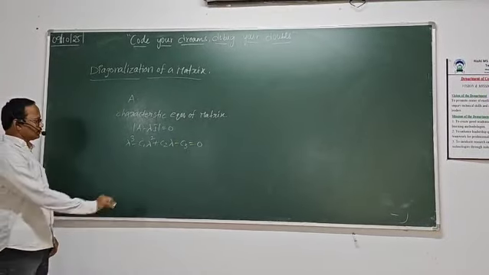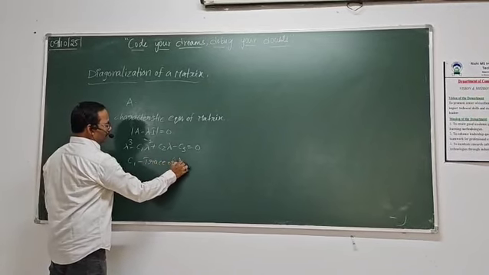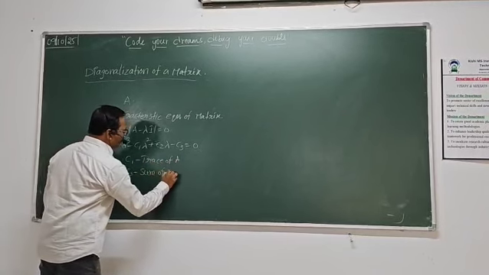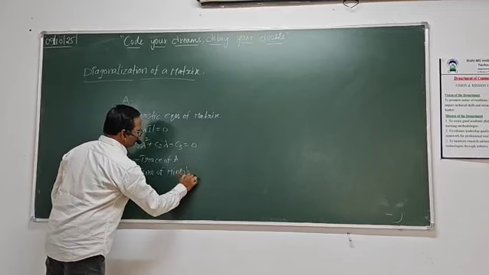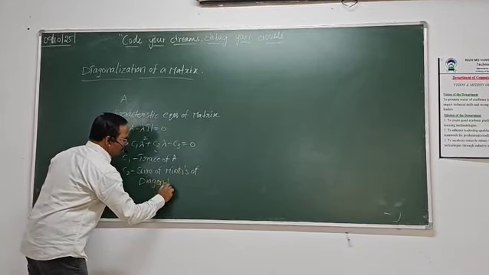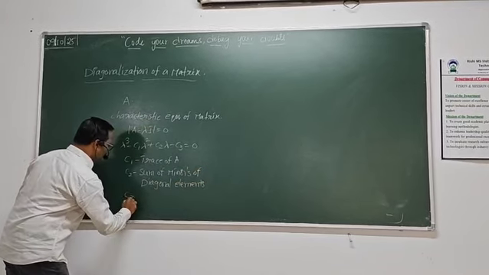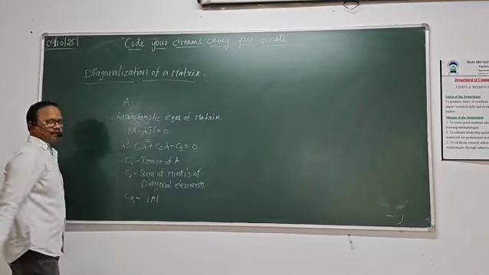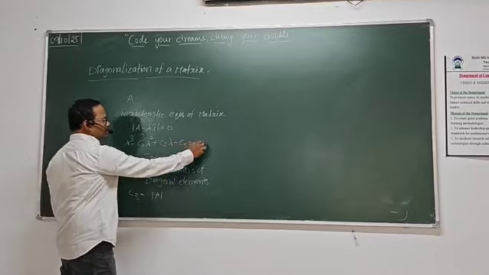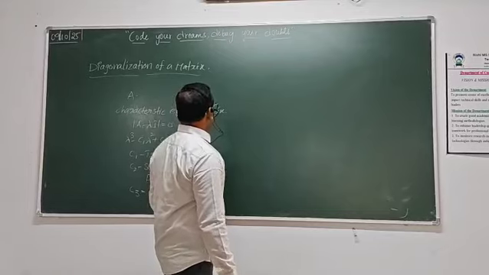Here C1 is the trace of A, C2 is the sum of minors of diagonal elements, and C3 equal to det A or mod A. By substituting these values here, we get the characteristic equation of that matrix.